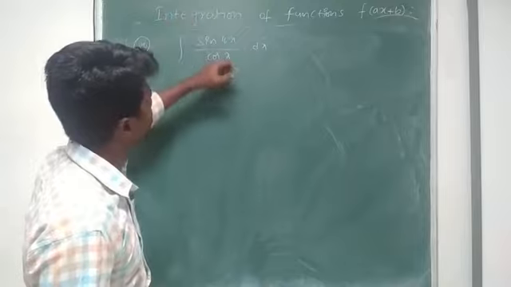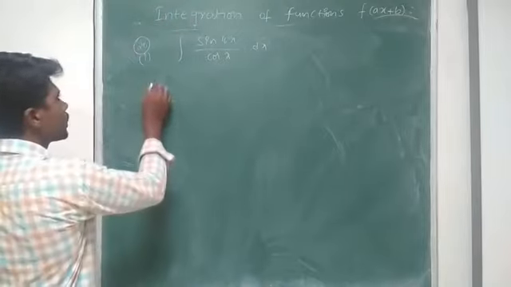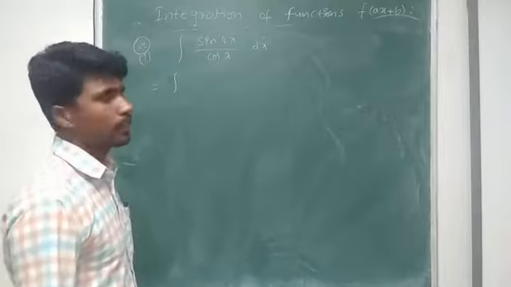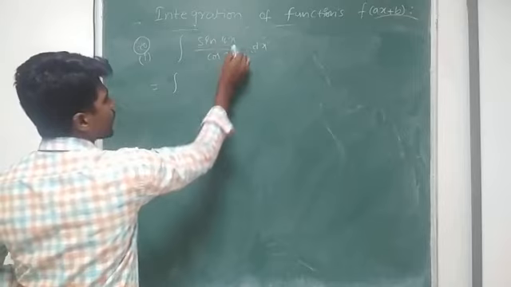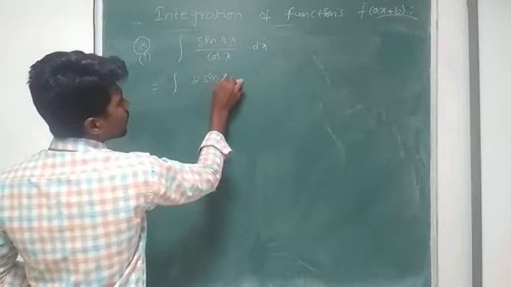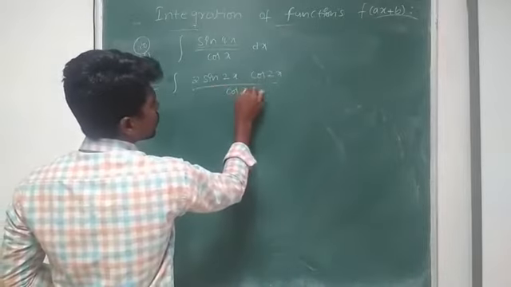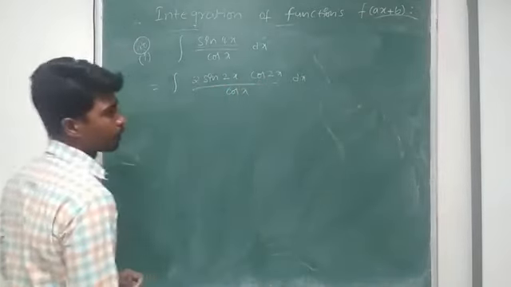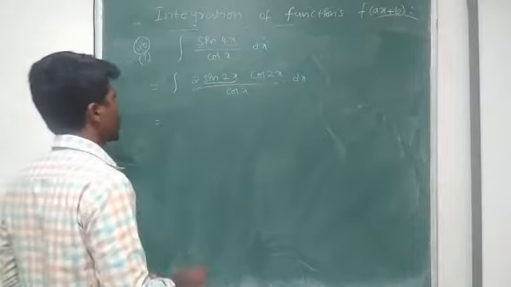So sin 4x in terms of cos, is it possible? Let me check how it is possible. Sin 4x, if I use a formula, sin 4x can be written as 2 sin 2x into cos 2x by cos x dx. Again, sin 2x can be written in terms of cos, so I got a solution.